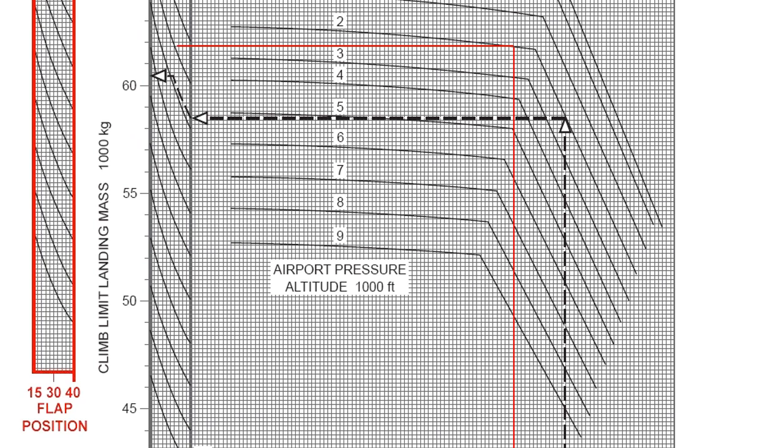In our example, we'll assume a flap setting of 40 degrees, which means we go straight through the flap section. In this example, the landing climb limit mass is 61,800 kilograms. Remember, exceeding this mass would mean it would not be possible to meet the climb gradient requirements.